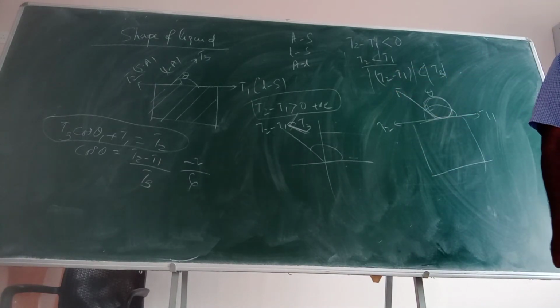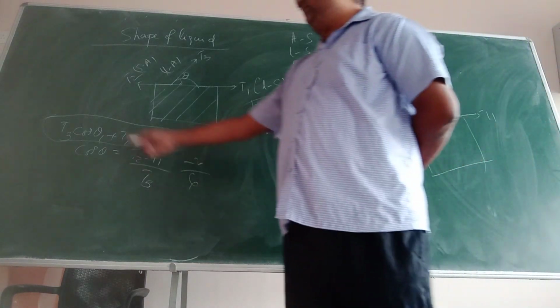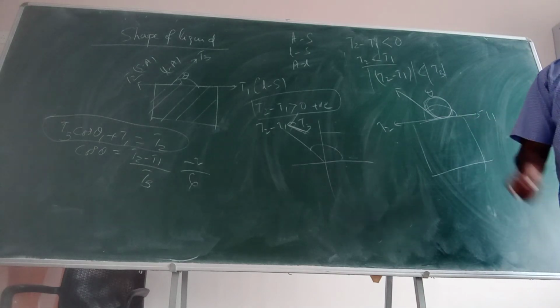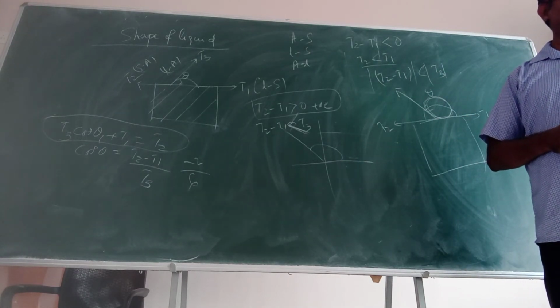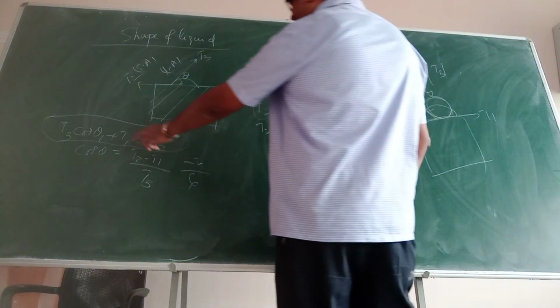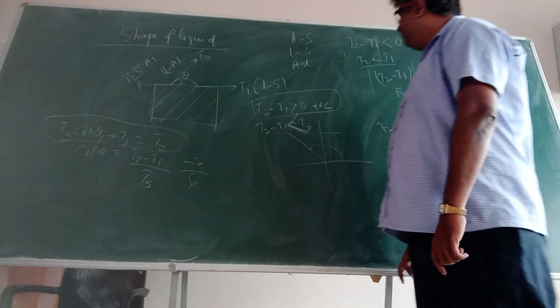Okay? Let us say there is a third situation where the theta value becomes 0. 0 contact, angle of contact. Even that is a possibility mathematically. So if theta becomes 0, cos theta will become what? 1.